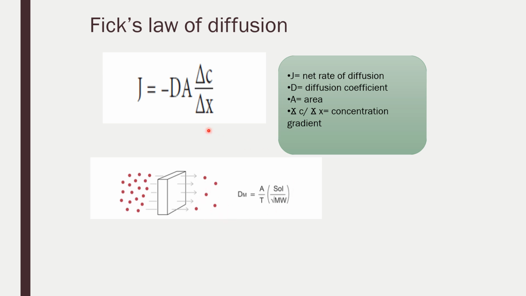Now why is the minus sign given? This minus sign indicates the direction of diffusion. When considering movement of molecules from higher to lower concentration, delta C by delta X becomes negative. So multiplying minus D A with this negative delta C by delta X gives a positive value.